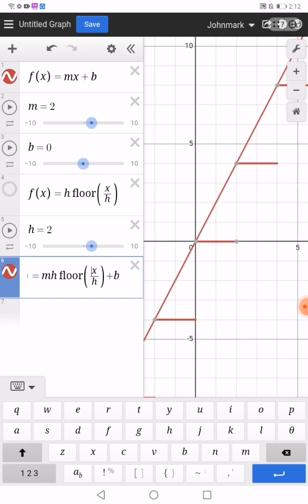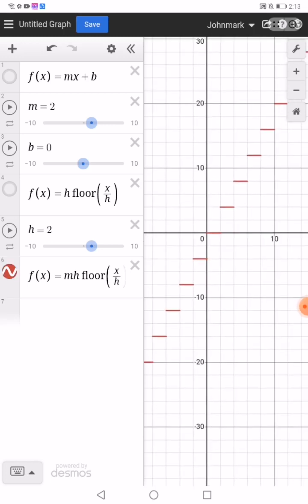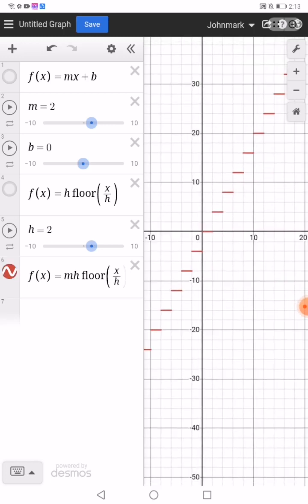We converted this linear function into a linear step function simply by using this h floor of x over h, converting that one into this step function. If I remove that one, we have now this function.